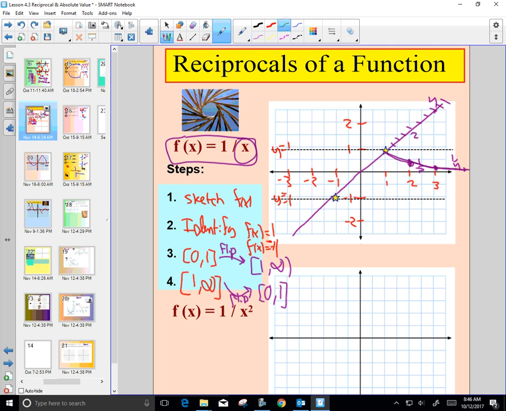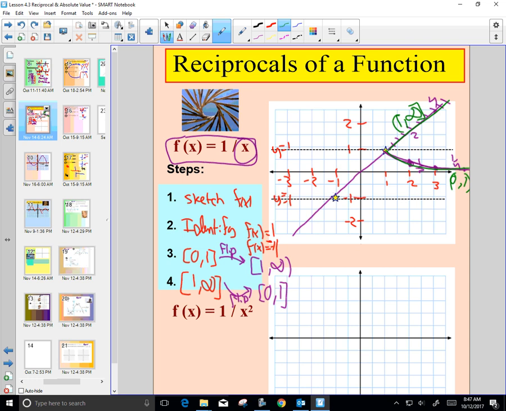This is the part students have trouble seeing: this 1 to infinity flips to 0 to 1. It's weird, but that's what happens. It's like this y equal 1 line just flips over there. So that's what I did with the 1 to infinity, flip to 0, 1.